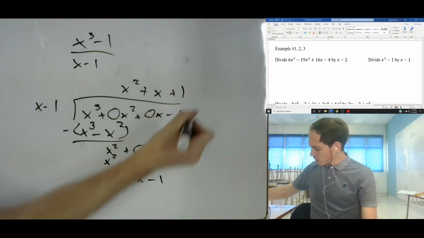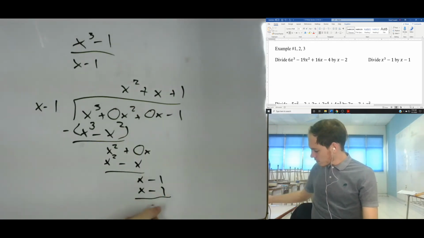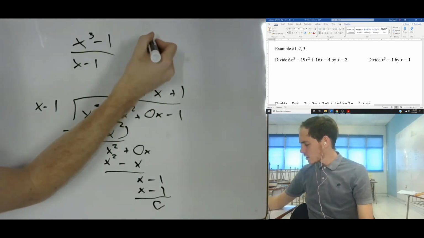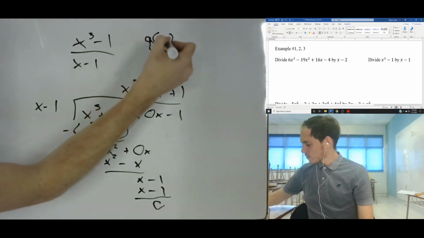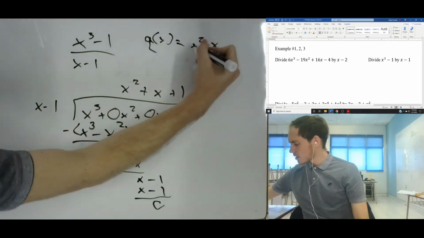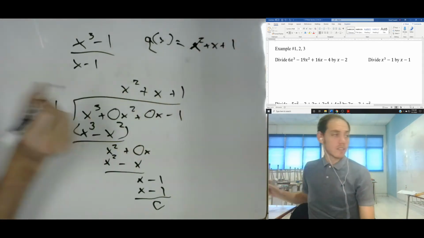We're going to add 1. X minus 1. Okay, so quotient q of x is going to equal x squared plus x plus 1.